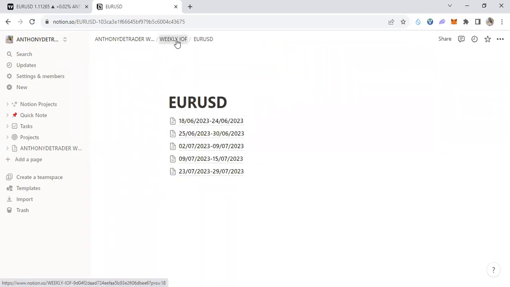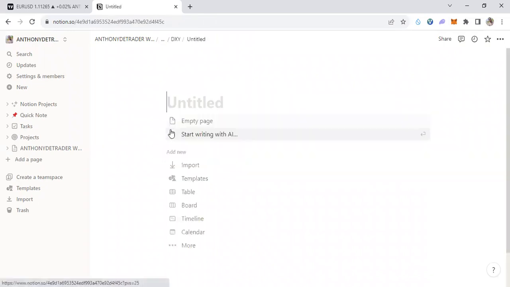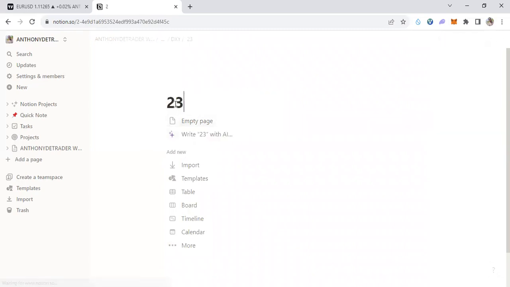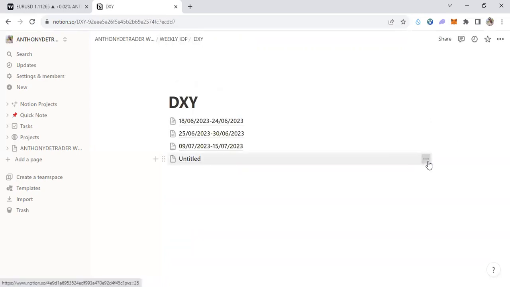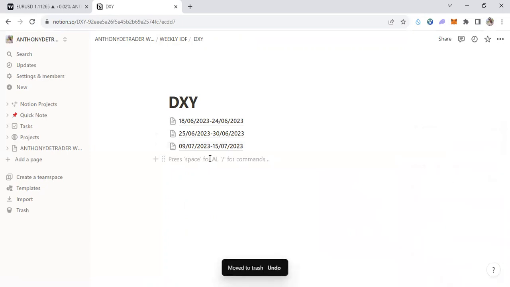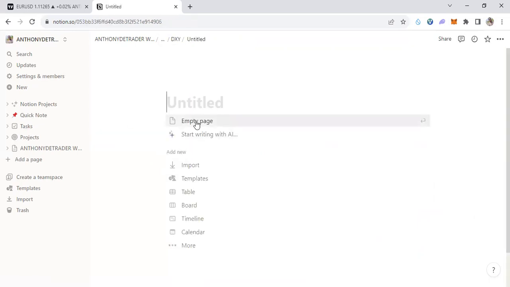So this is my journal for the weekly IOF, my pre-market analysis. So let's just go to the DXY. Let me show you how I do this. Go to the DXY, this from the 23rd. This is a page, okay? Let me just go back here. So you click here. You can see this command, click it, select page, then put the title.